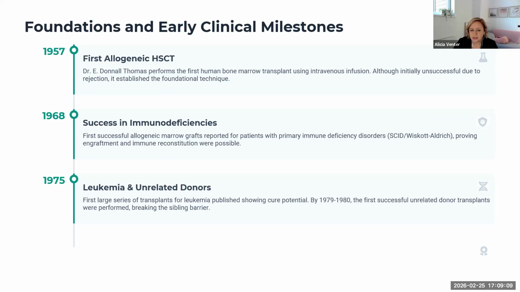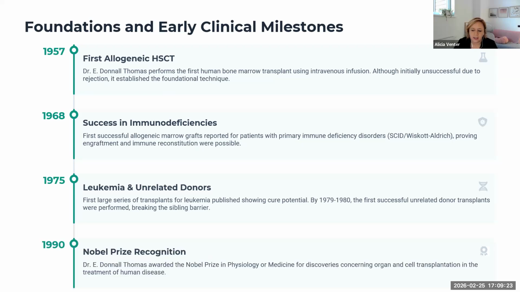Almost another decade later, he started dabbling in leukemias and unrelated donors, where he performed a large series of transplants that was published and could show a cure. And then finally, in 1990, he was awarded the Nobel Prize for Physiology or Medicine for his discoveries concerning organ and stem cell transplantation in the treatment of human disease. So he is truly considered the father of stem cell transplantation.